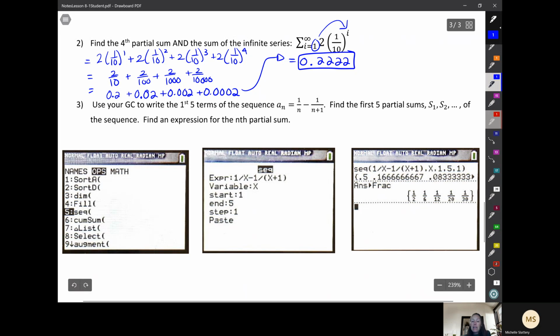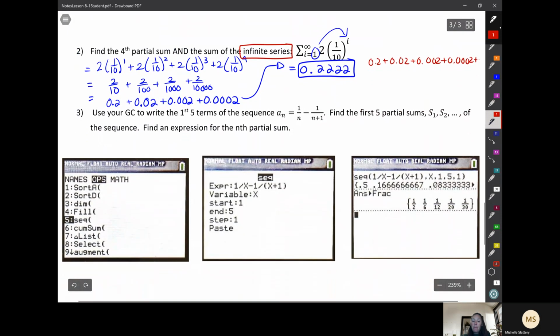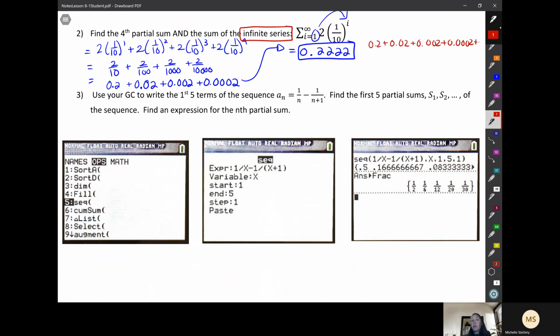Now, if I want to find the infinite series, so what if this went all the way to infinity? I kept adding more numbers. Well, look at the pattern that we had. We had 0.2 plus 0.02 plus 0.002 plus 0.0002 plus and so on. And so we keep on adding another place value with a 2.